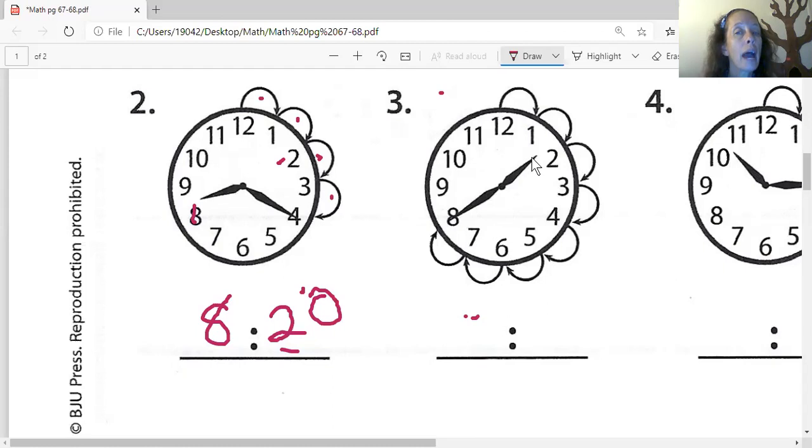Our hour hand is not after the 2 yet. It's not over here after the 2. It's after the 1. So it's still the 1's turn. So your hour is actually 1. So write down your hour as 1.